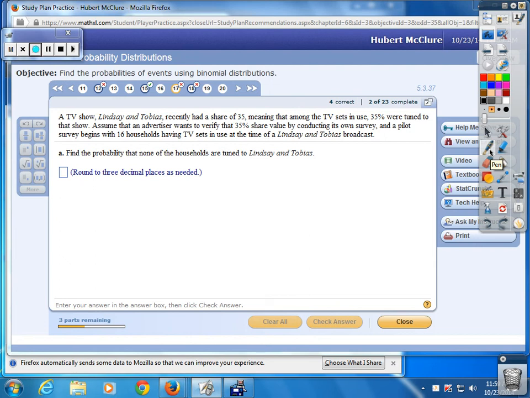P is equal to what? Therefore, Q is equal to 0.65 for those that need to do it by hand. Assume that the advertiser wants to verify that 35%, blah, blah, blah, and the pilot survey begins with 16 households.